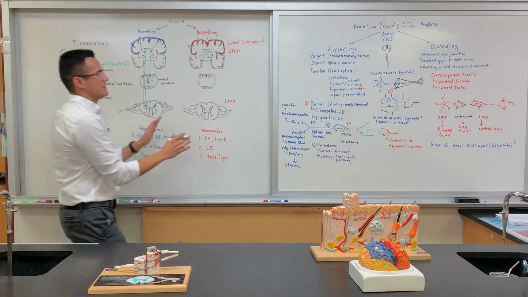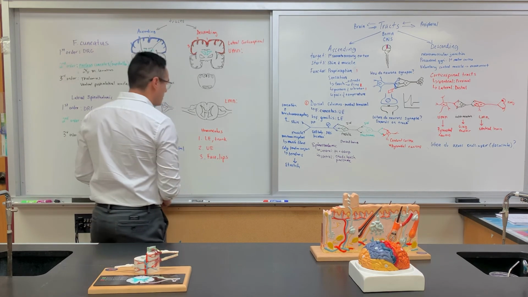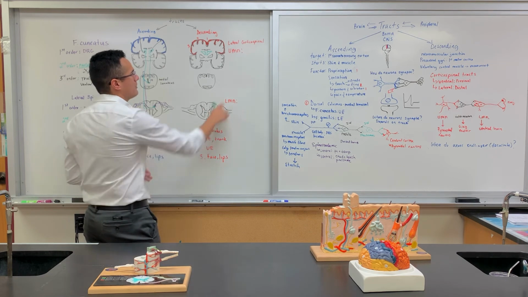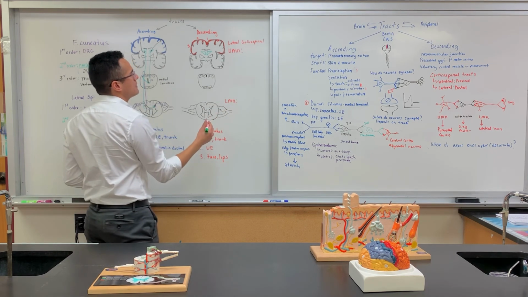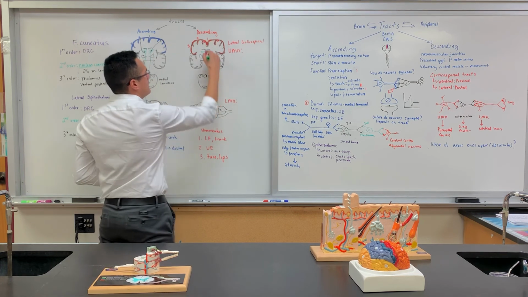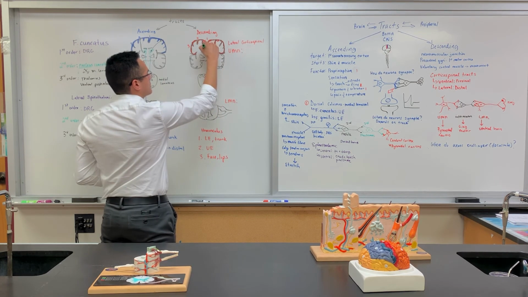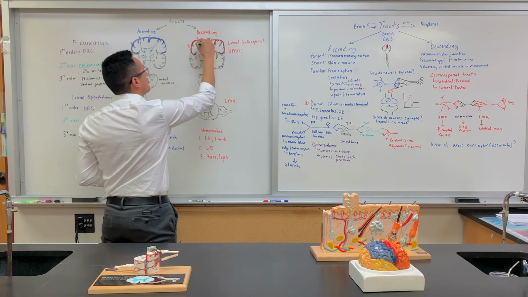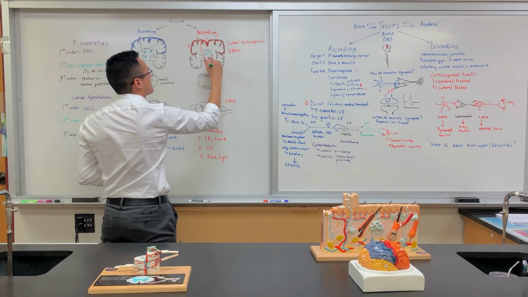The last one are the descending tracts. So for the lateral corticospinal, you have the upper motor neuron. So the upper motor neuron would be found here. And then it's going to go down, goes all the way down, and then it's going to travel, I'm going to draw it here so it's easier, through the internal capsule.